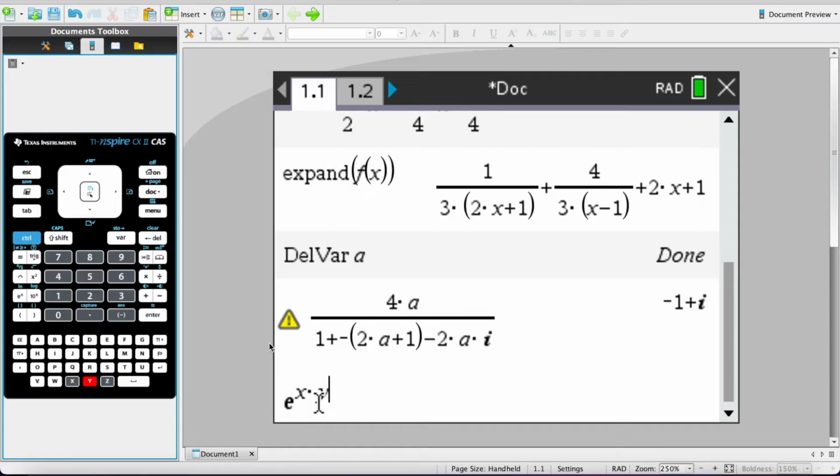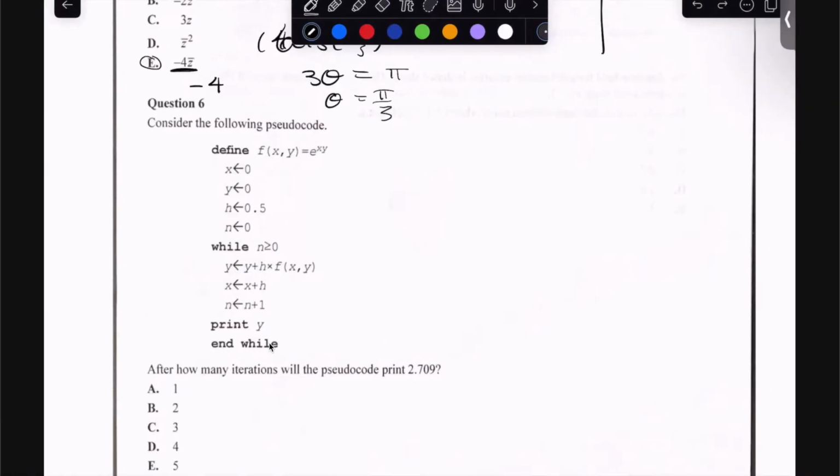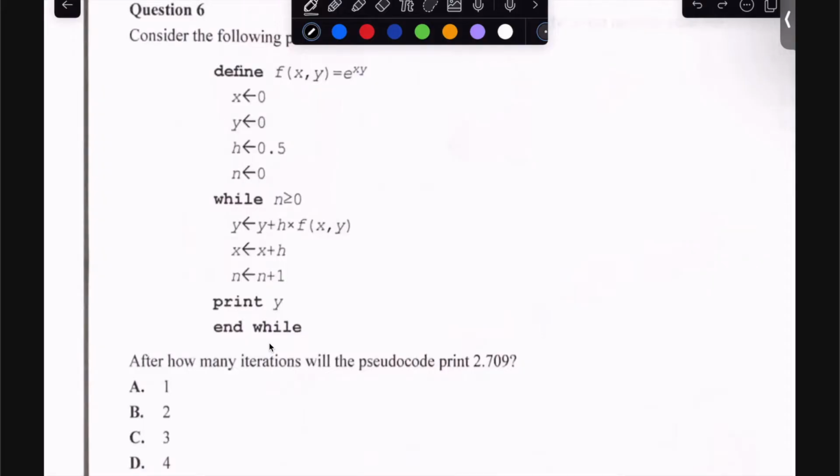And the first value, the x0 is 0. So the first iteration is going to give you, let's just write it out. The first iteration is when you plug in 0 + 1/2 times e to the power of x times y, so 0 times 0.